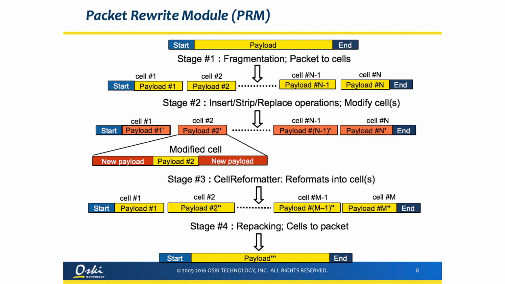Packet rewrite module is taking a packet, fragmenting into cells, and then doing some modification on each cell. It could be even inserting or replacing or removing bits or bytes inside the cell. And it ends up making these cells not so regular, and the cells may need to be reformatted again. And what happens in such design is that verification becomes very hard, both with simulation and with formal verification, because any single bit, depending on the reformatting that happened, can end up anywhere on the output.